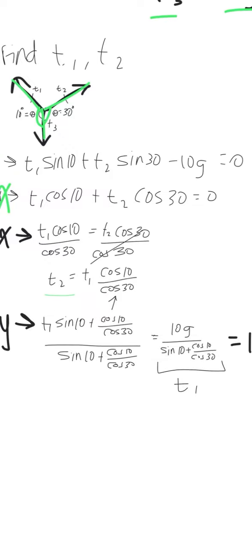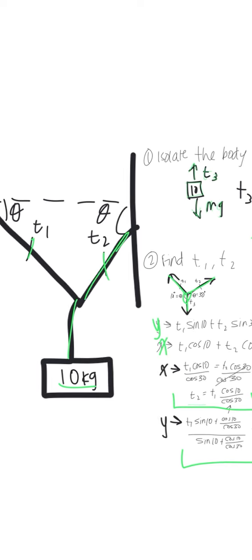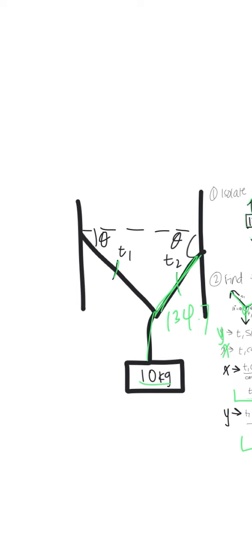And here, using the x, we were able to find tension 2, and using the y, we were able to find tension 1, which once you solve all of the equations, you see that tension 1 is 134.7. That's tension 1. And tension 2 is tension 1 sine 30.